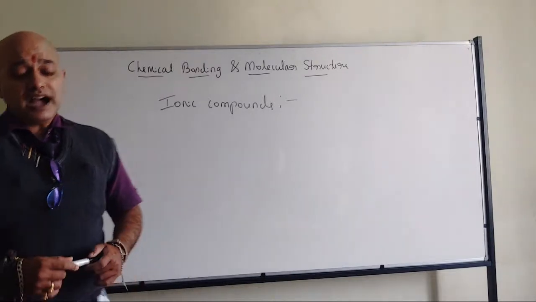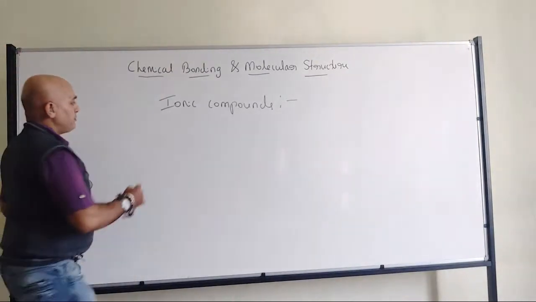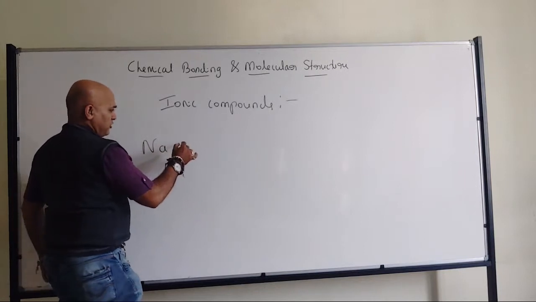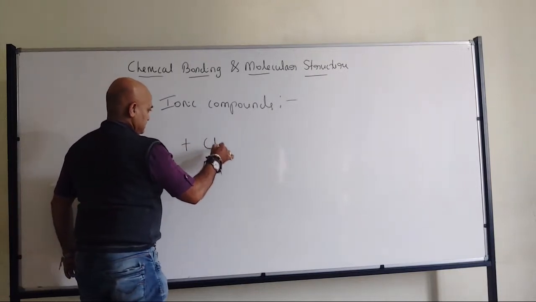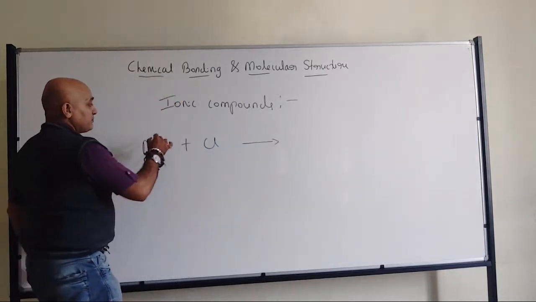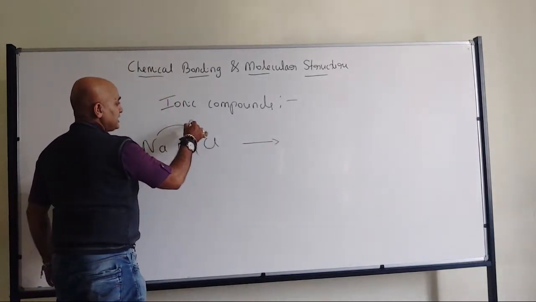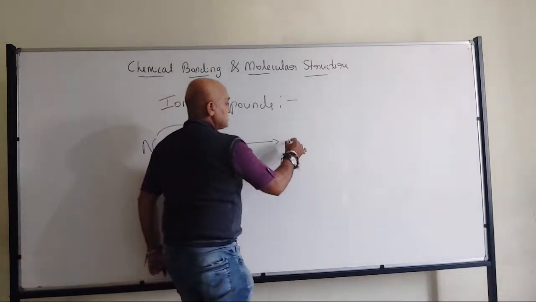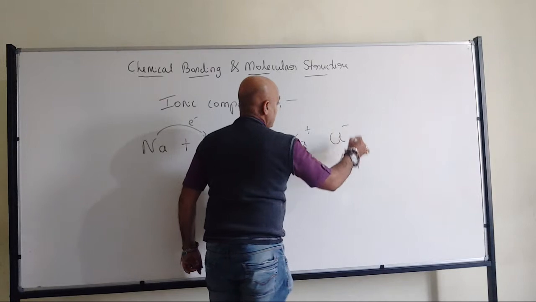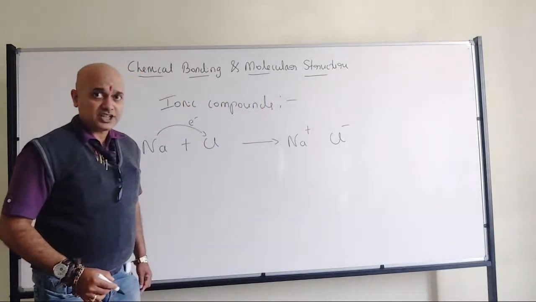Okay? So what do you mean by an ionic compound? We have a very common example, sodium and chlorine. They will come together, where sodium is going to donate the electron to chlorine. Therefore, sodium will become positively charged, and chlorine will become negatively charged.